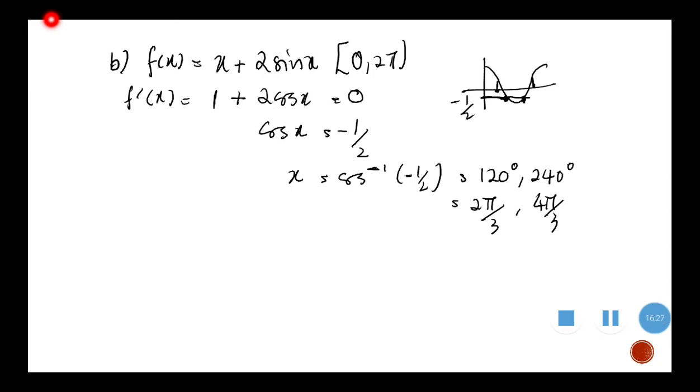Let's say we want to use the second derivative test. That means we have to go to f double prime x. We differentiate one more time. So we differentiate 1, you get 0. 2 cos x, differentiate, you will get negative 2 sine x.